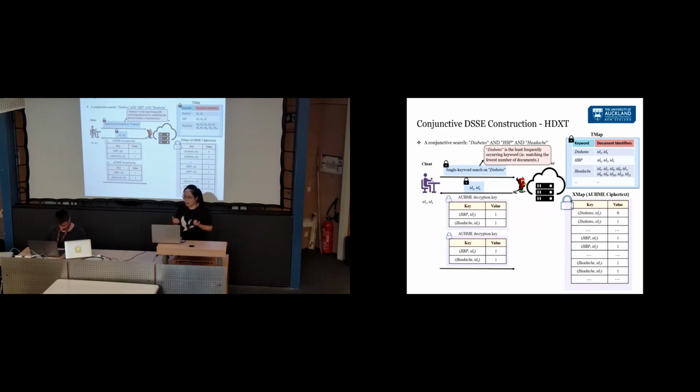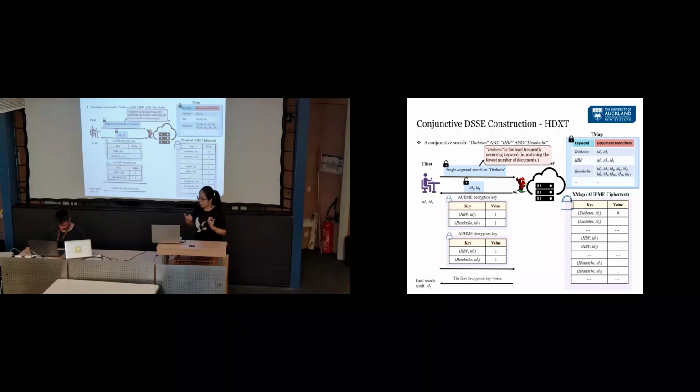In this example, it will discover the first decryption key can make the query return 1, and the second will make the query return 0. Then the server will notify the client the first key can work. After that, the client can know ID2 matches this query.